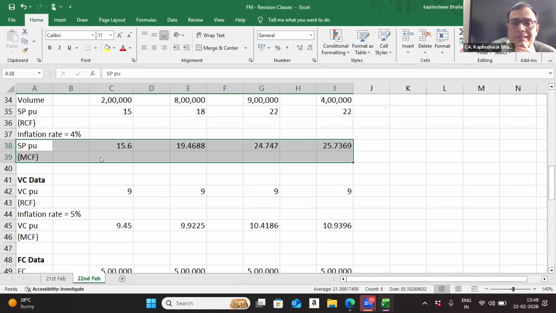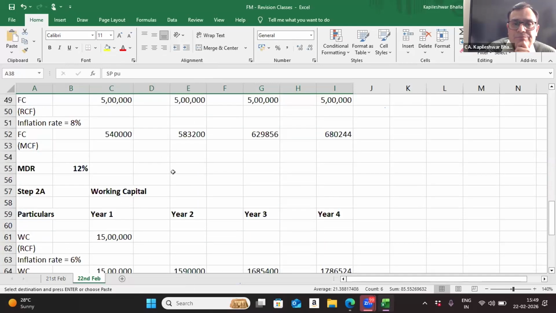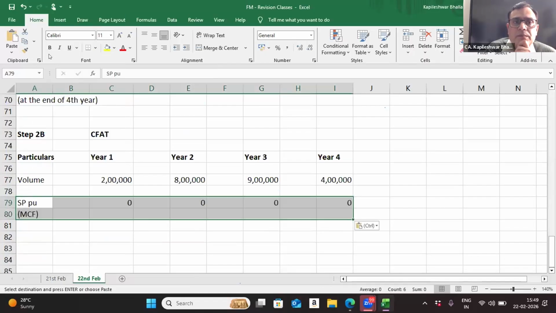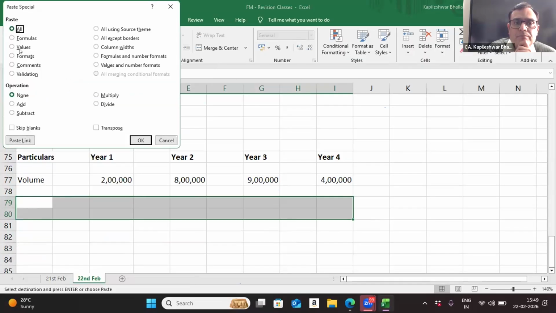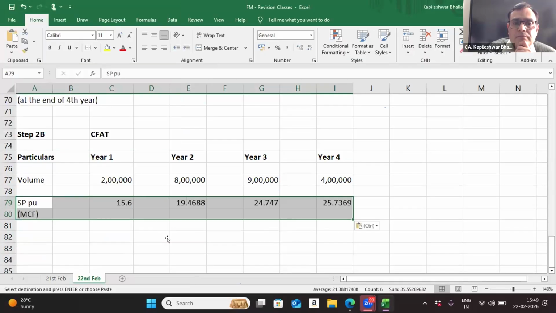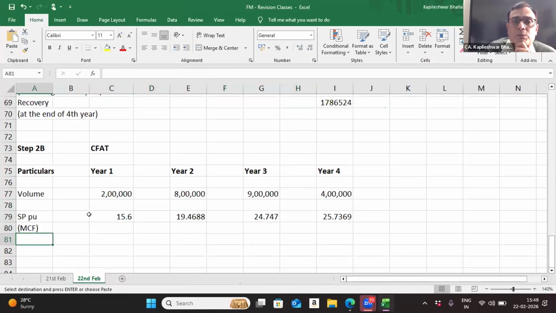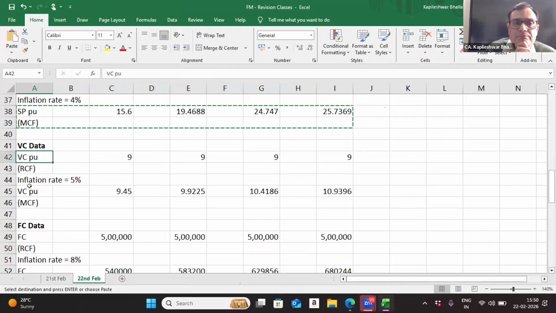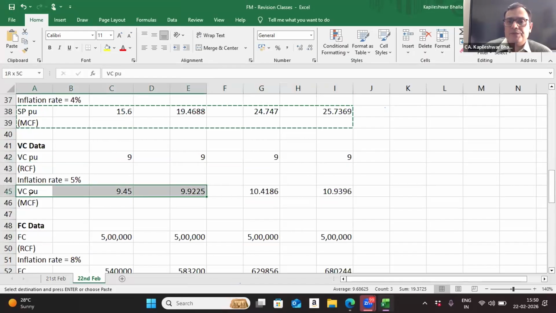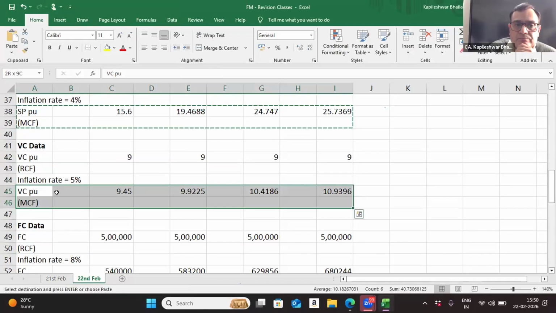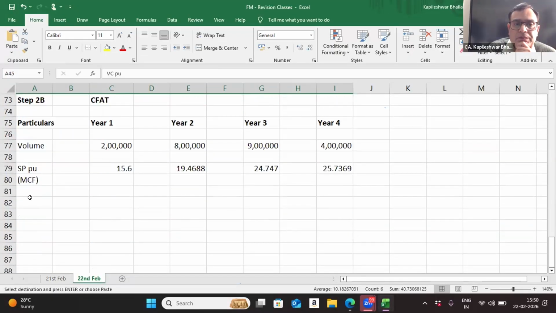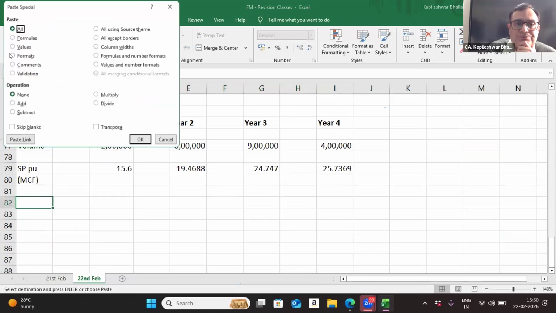We're just going to copy this data. This is done. Then let's also get the variable cost data. That is again MCF values, so we pick this MCF data as well.